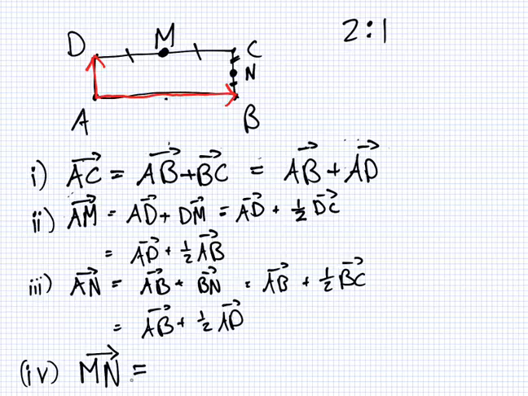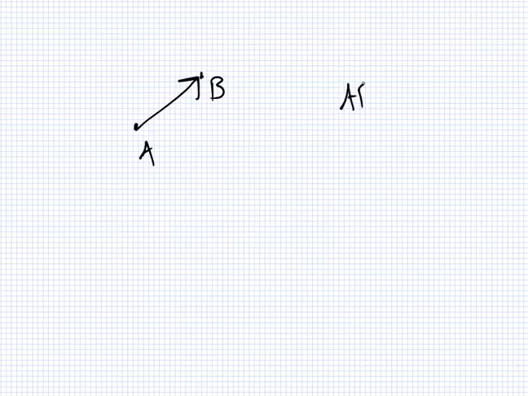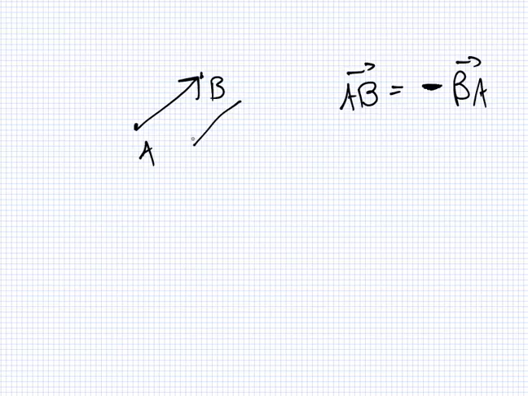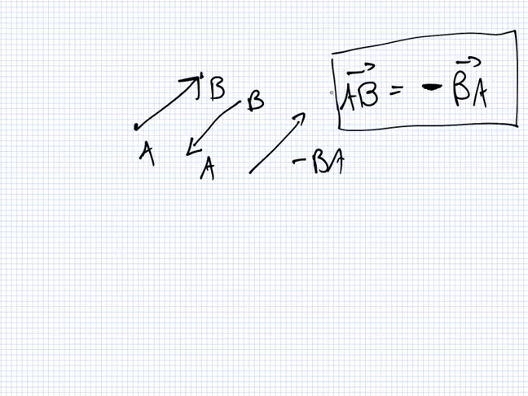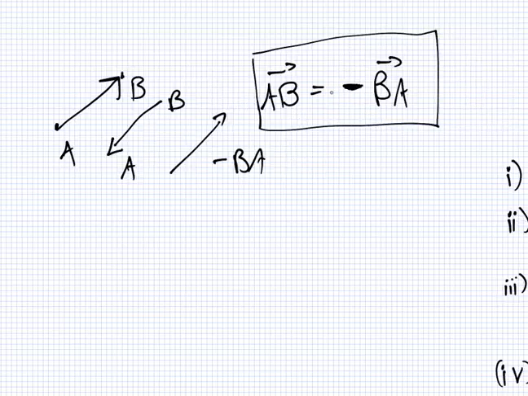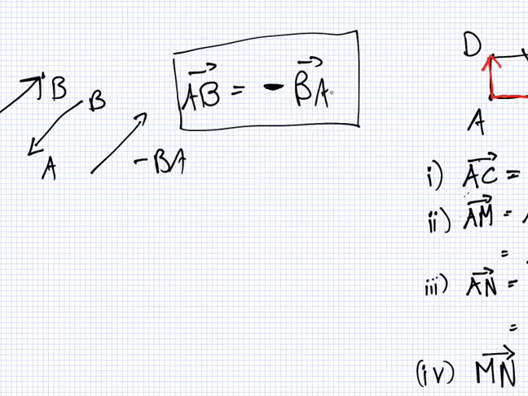And I'll give you a little hint actually to help you. If you have the vector AB, it might help you to know that this is the same as minus BA. So if you look here, there's AB, there's BA, and then here is minus BA. It's the same as AB. This might be useful. AB is equal to minus BA. You might find that helpful.